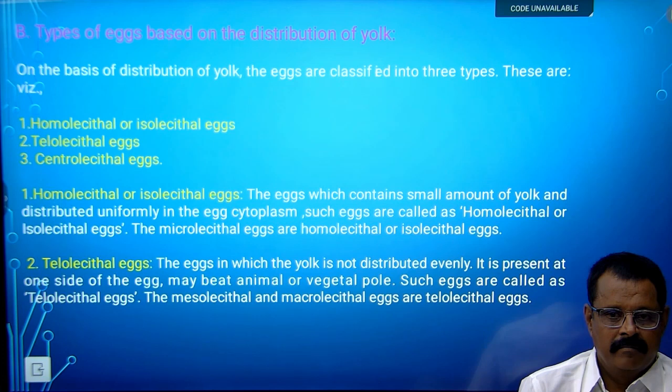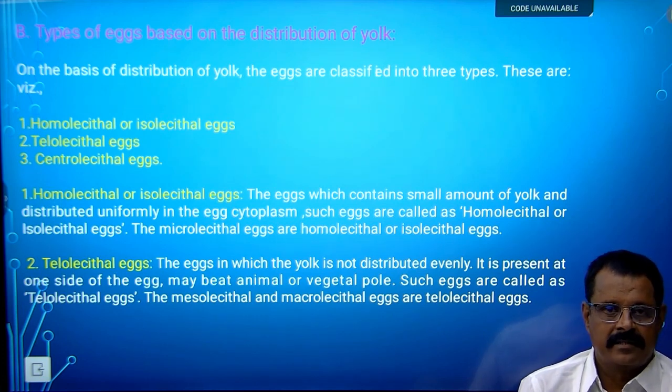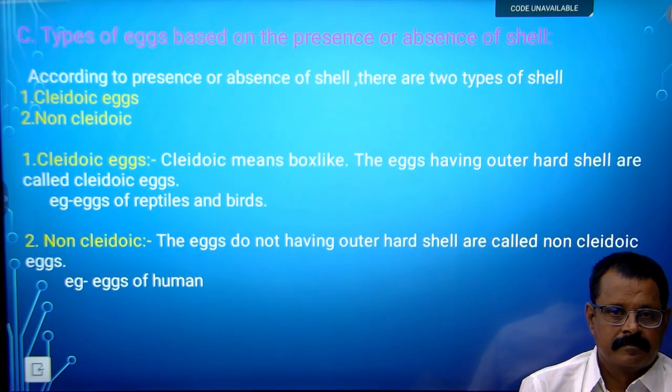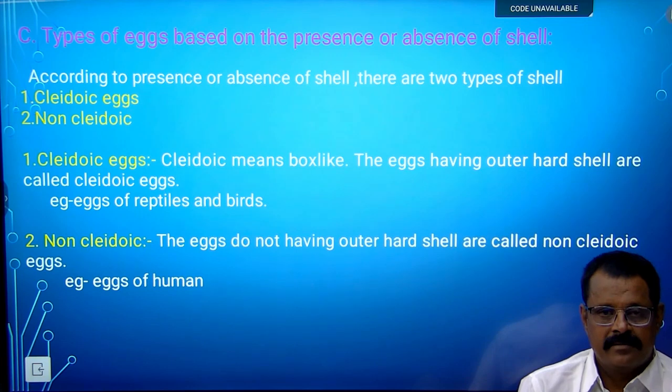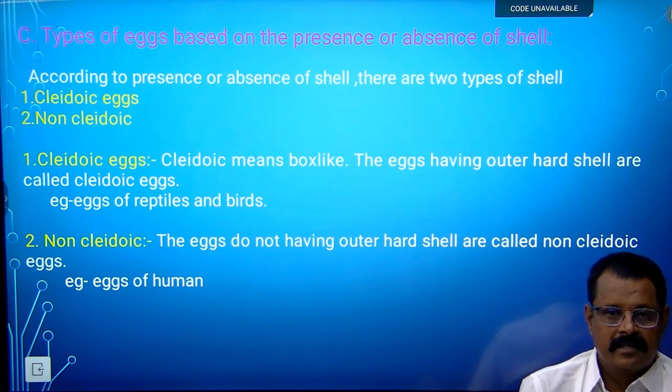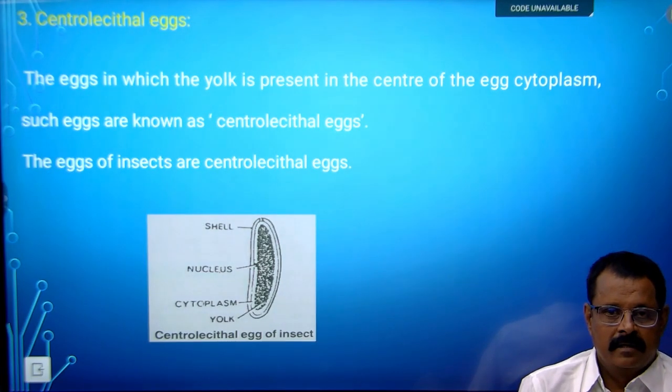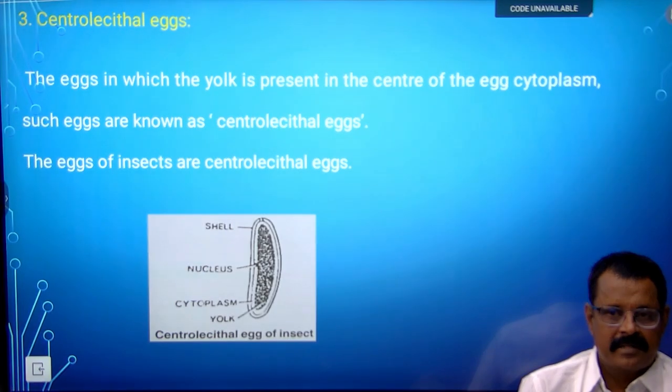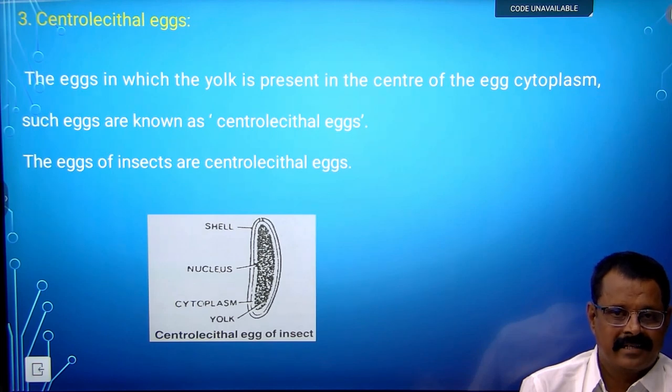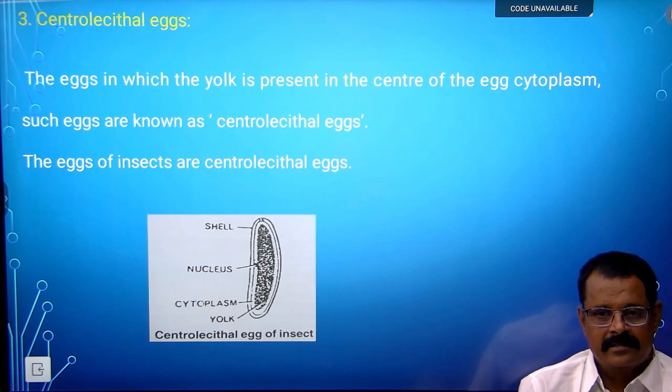Examples: mesolecithal and macrolecithal eggs are telolecithal eggs. Third type is centrolecithal eggs. The eggs in which the yolk is present at the center of the egg, surrounded by the cytoplasm, are called centrolecithal eggs. Example is insect.